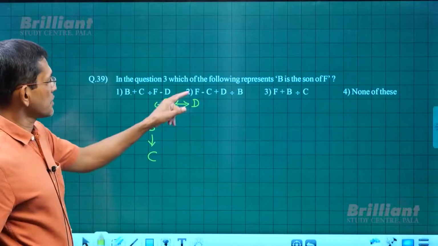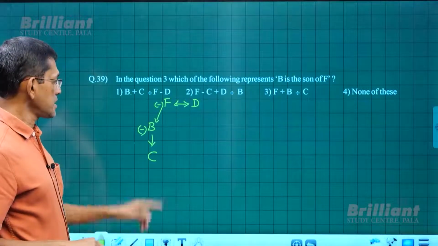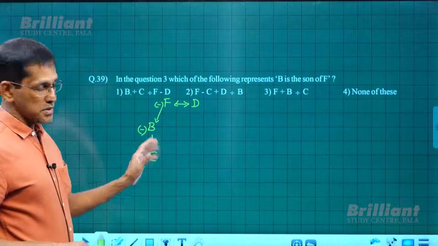What we are looking for is B is the son of F. In this case, B is the daughter, right? B is a female. That cannot be the answer.